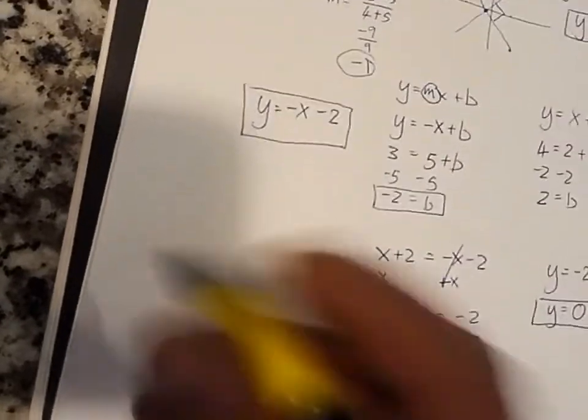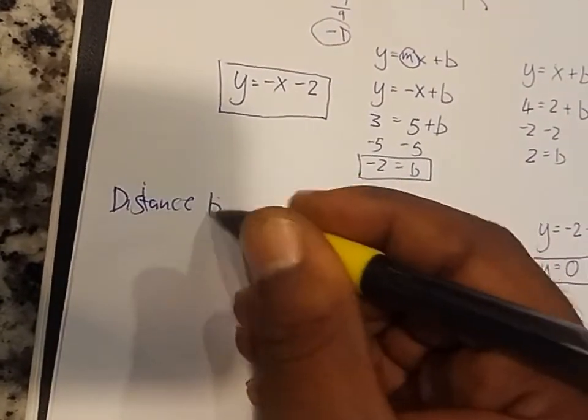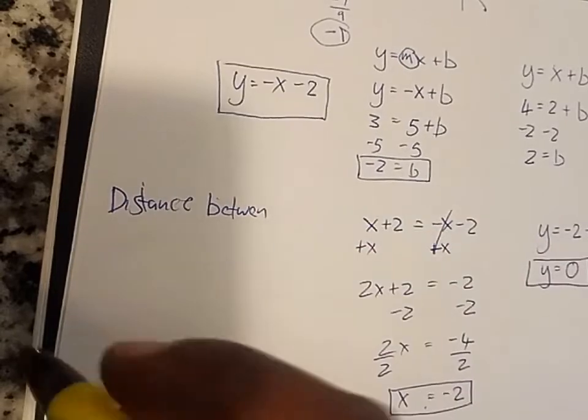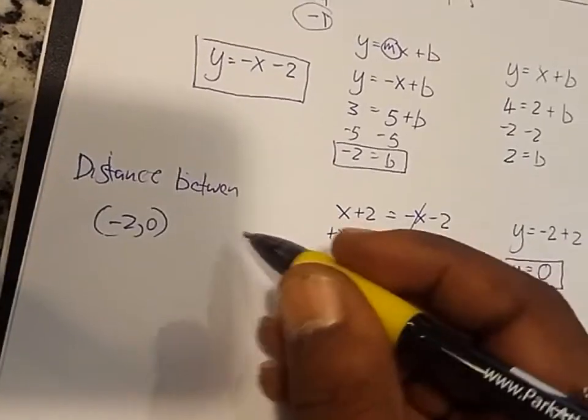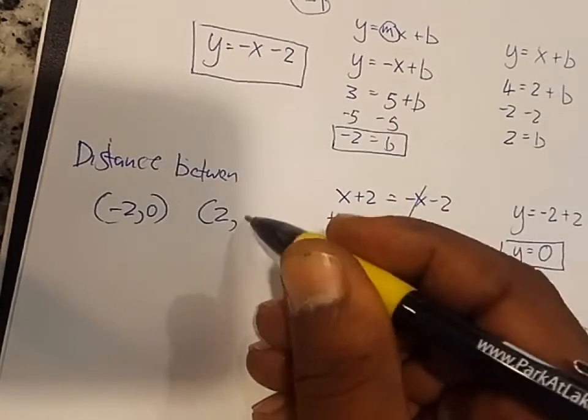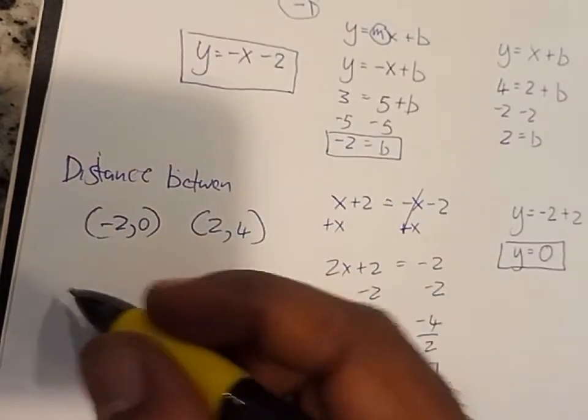So the problem now becomes the distance between negative 2, 0 and point 2, 4. That was the given point. We use the distance formula.